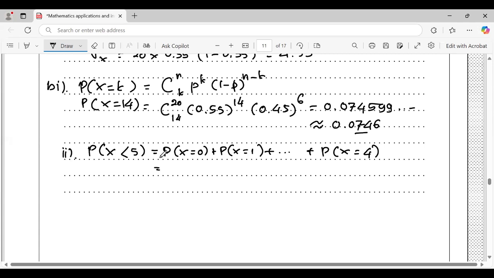By calculator, you can find the result is 0.00153, rounded off.